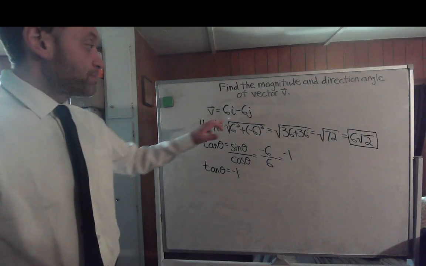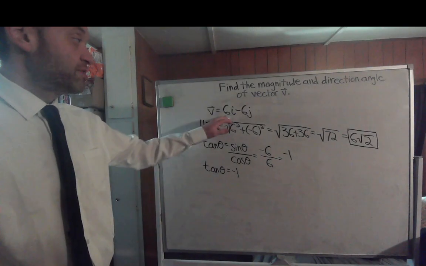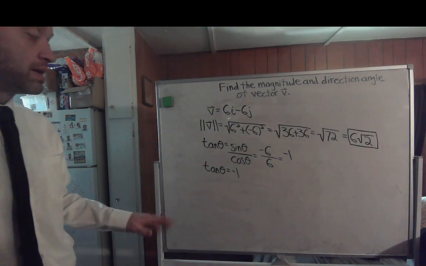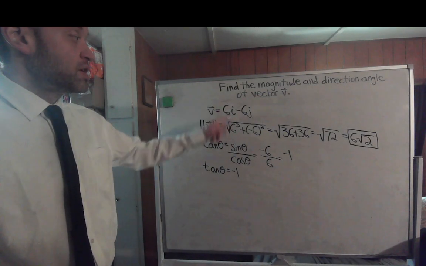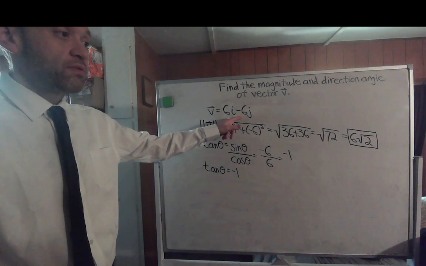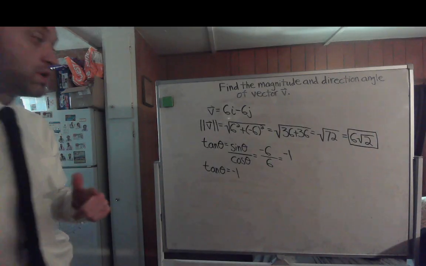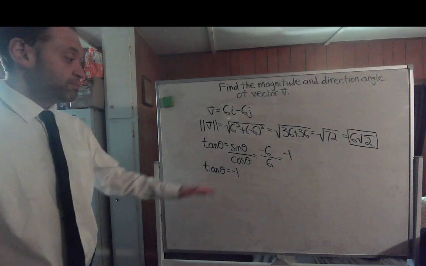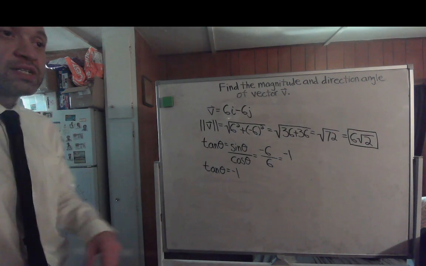Now, if you look at your original vector, this is going to help us identify what quadrant we need to be in. Your x component's positive, your y component's negative. So x is positive and y is negative in the fourth quadrant. So this will be based on a tangent of theta in the fourth quadrant.